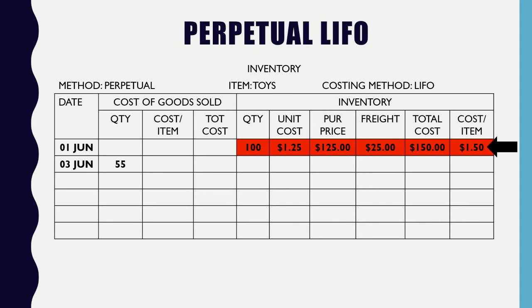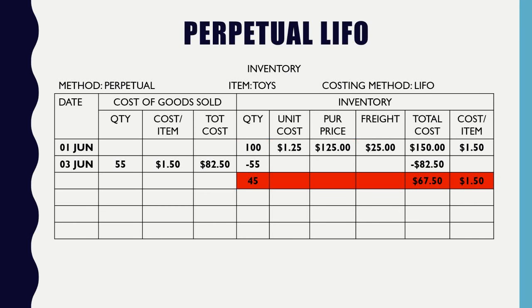The cost per item is $1.50, so you calculate that to be $82.50, and we eliminate it from our batch right away. Once we eliminate those 55 items at $82.50, we should have a remaining red batch of 45 items at $67.50.